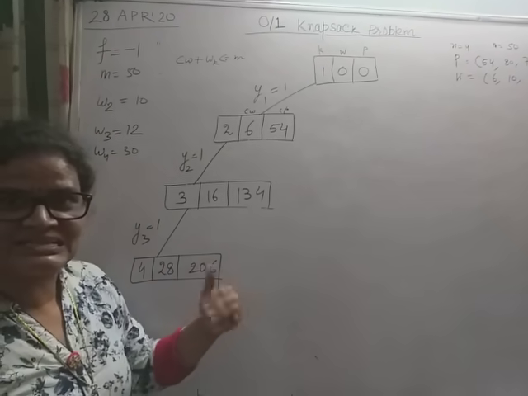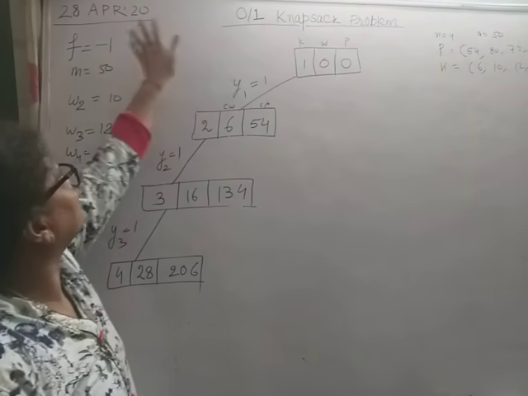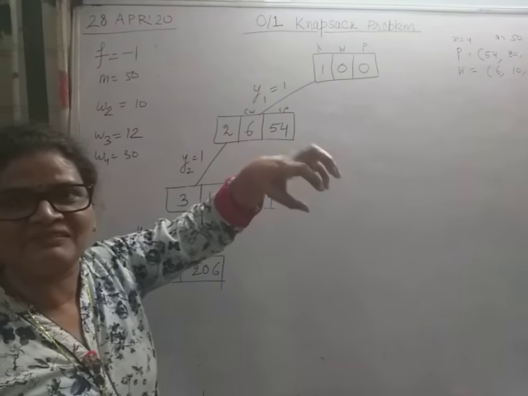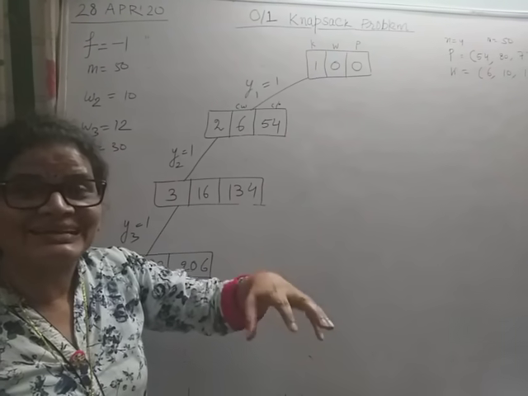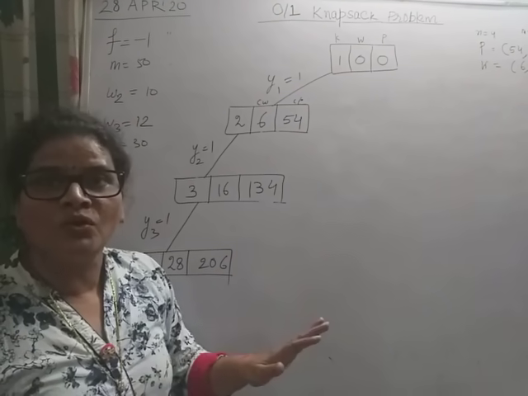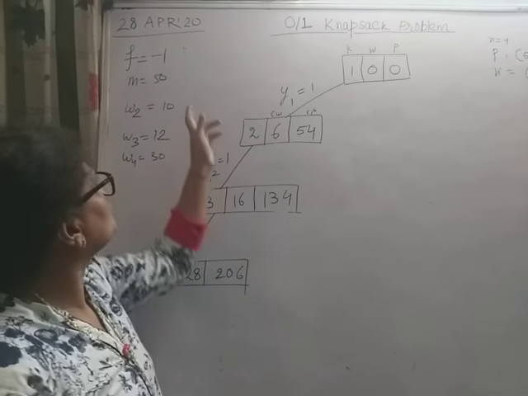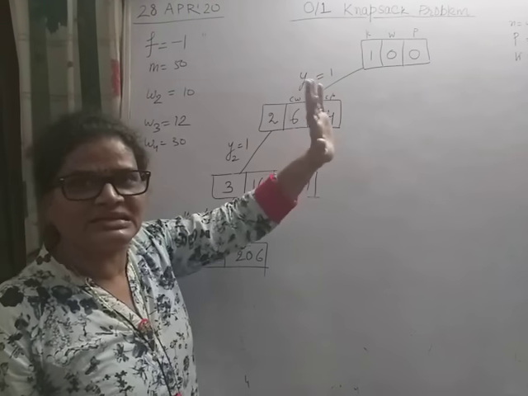As soon as we get one solution vector, f will be updated. Okay, so F here is representing the profit of the current solution vector generated. Till now no solution vector is generated, so F is initialized with -1.